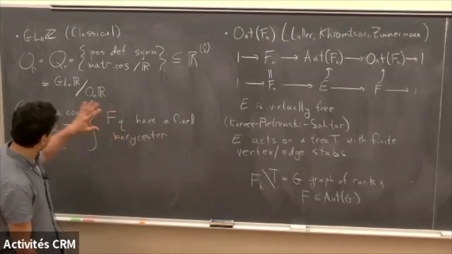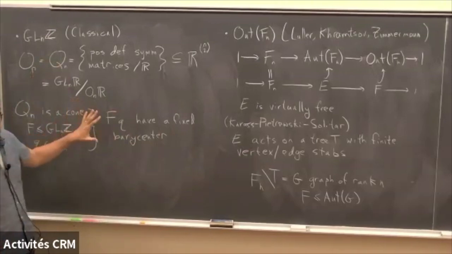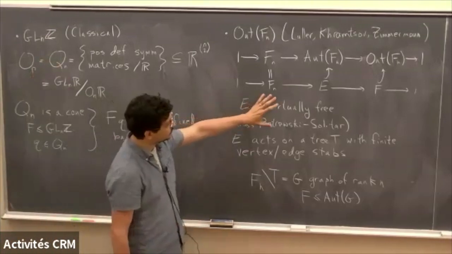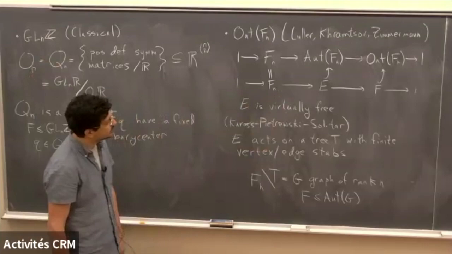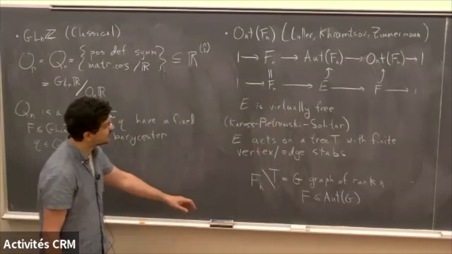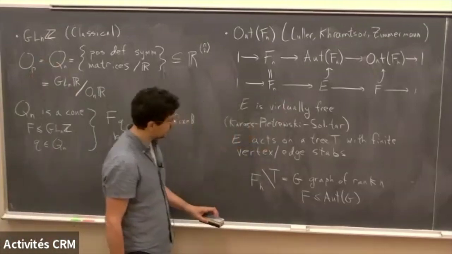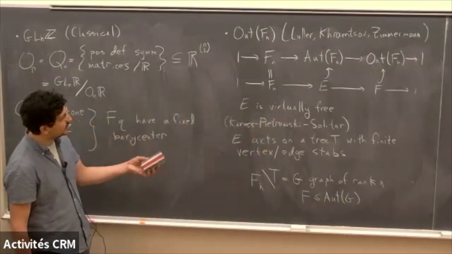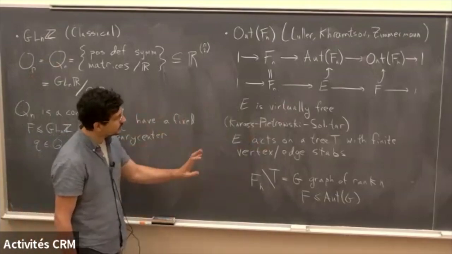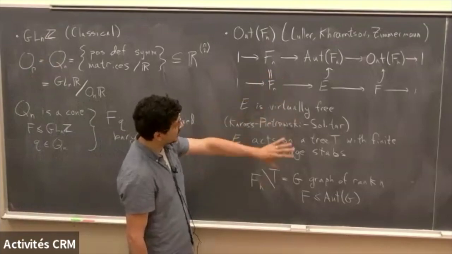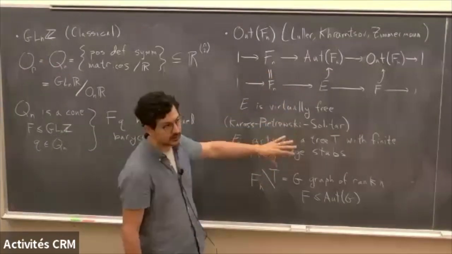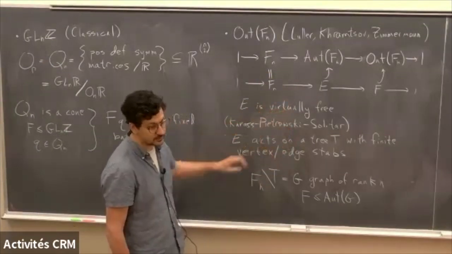So what's the point here? In this case, we're really using some group theory and some geometric group theory techniques. What I'm going to talk about today is realizing finite subgroups that come from the free part. Okay, and so the techniques are going to be like this.